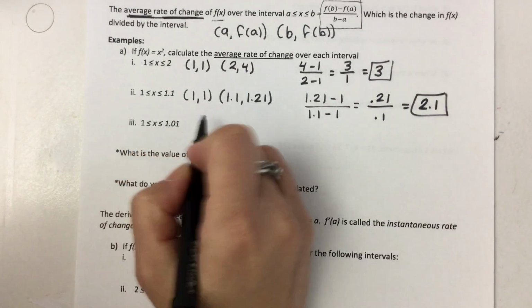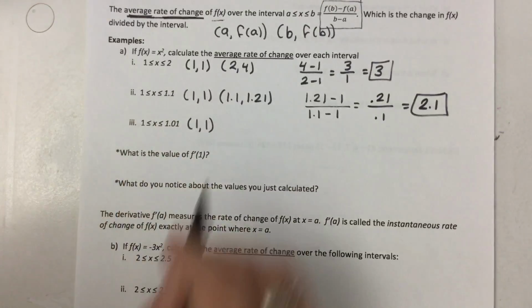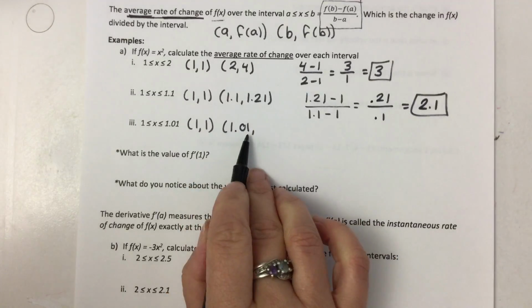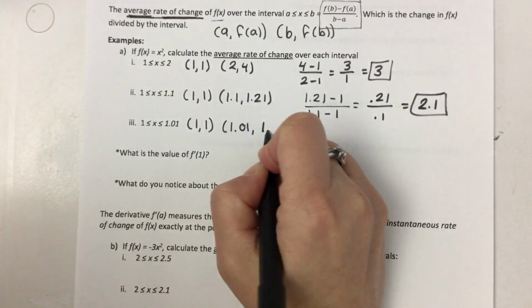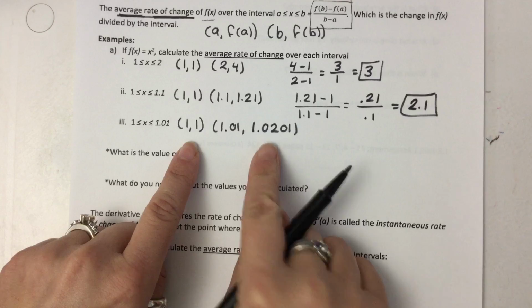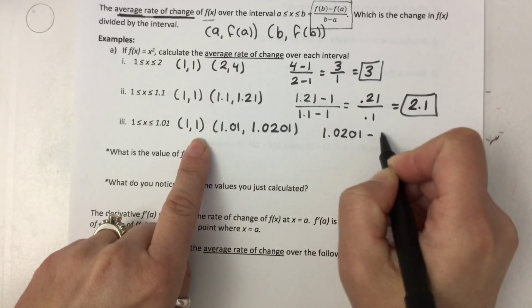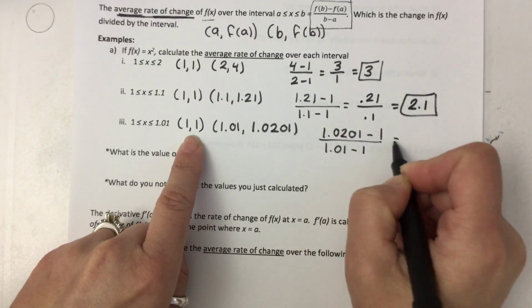Now, let's go ahead and say my x value is a 1. 1 squared is a 1. The next x value, I'm going to 1.01. If I take 1.01 and I square it, it's 1.0201. Now I can just find the slope between these 2 points. 1.0201 minus 1 over 1.01 minus 1.